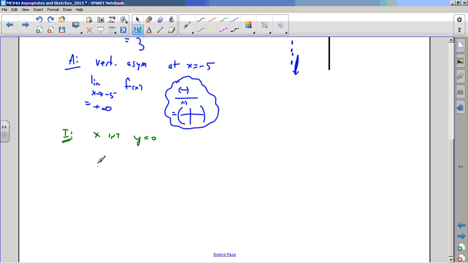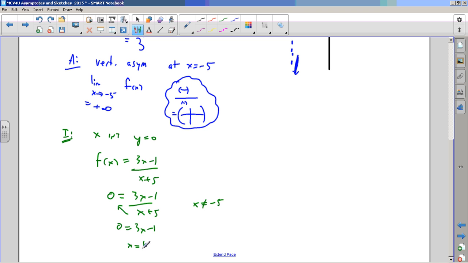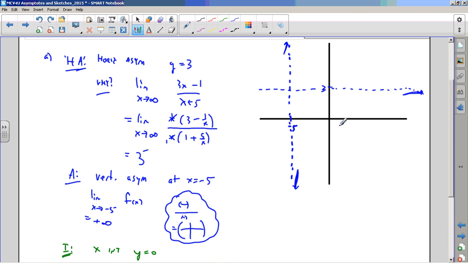So I put in my function, 0 equals (3x minus 1) over (x plus 5). As long as x can't be minus 5, I multiply by that, and I get 0 equals 3x minus 1. x equals a third is the x-intercept. Right about there, 1/3. Not exactly to scale, but we get the idea.